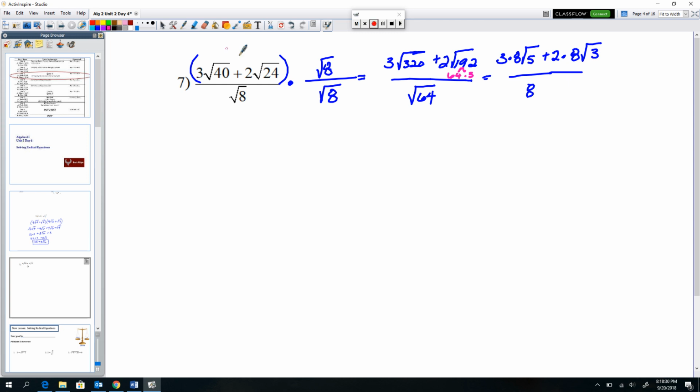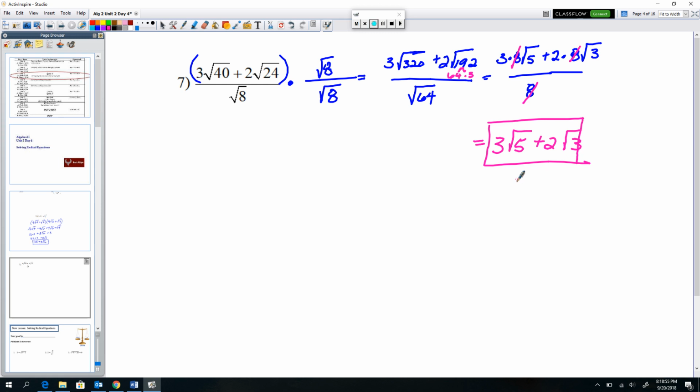Now, once again, we always look for simplification. And before I start multiplying 3 times 8 and 2 times 8, I'm just going to go ahead and take 8 out of these places, because we need to find a factor that is in all 3 places, and I did. I found an 8. So I'm left with 3 times the square root of 5 plus 2 times the square root of 3, which of course is what we got in the first method.